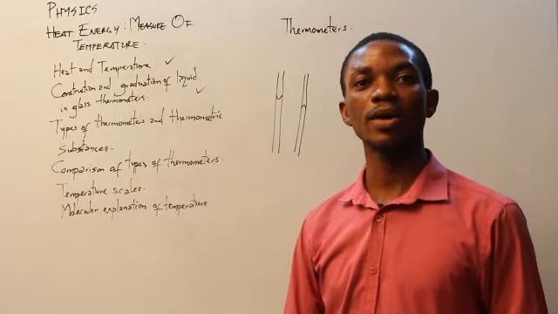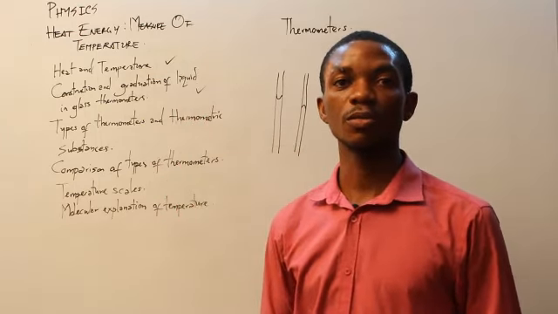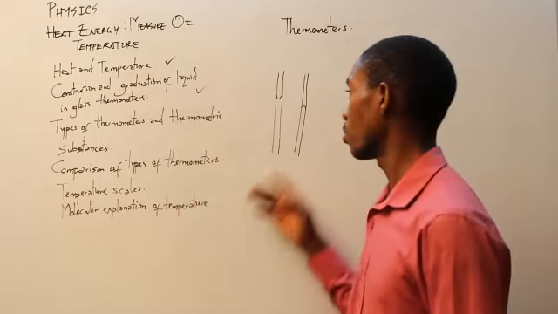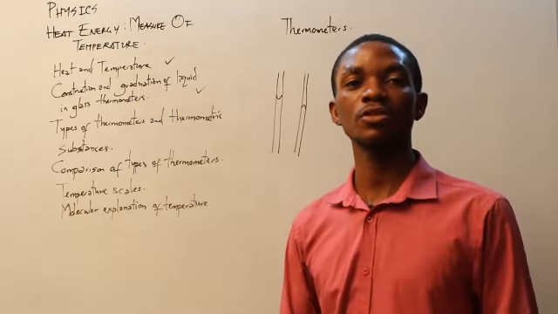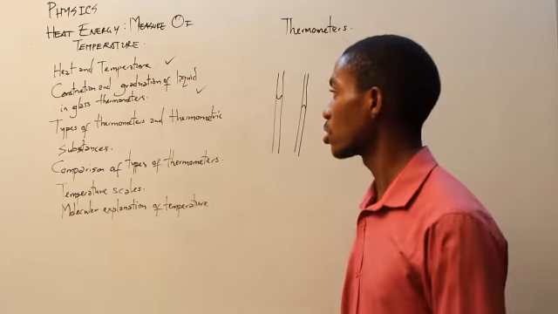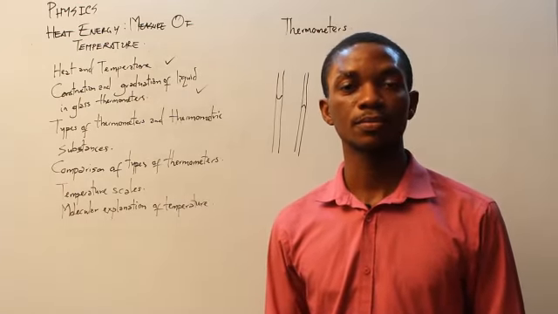And when there is a temperature rise, it rises. So those are some of the advantages of mercury over water and other substances that can be used as thermometric substances in the liquid in glass thermometers.